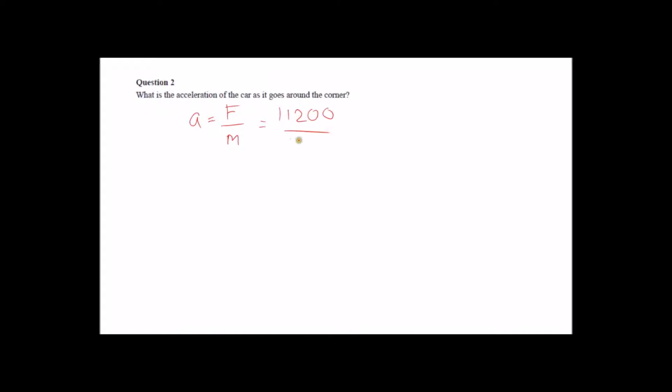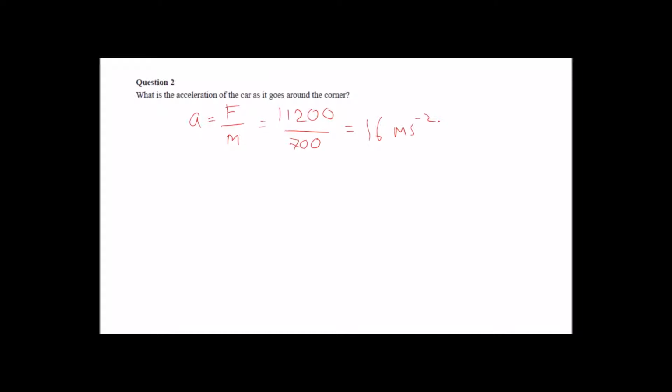We've already been told the mass is 700, and so all we need to do is do that calculation. And we get 16 meters per second squared, which is quite impressive because that's more than 1 g of acceleration, but that's by the by.